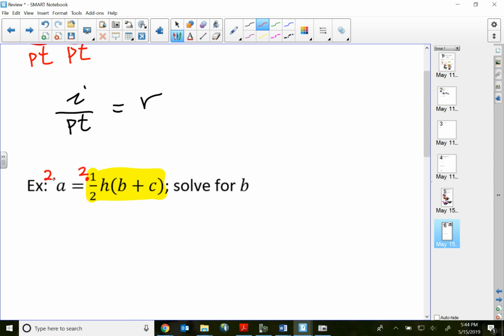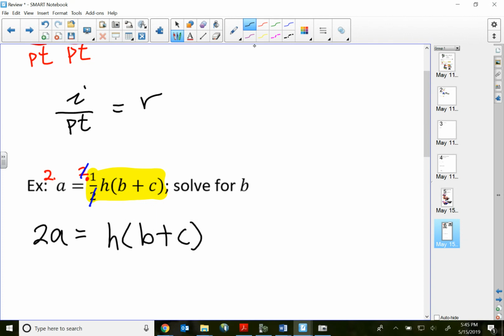Some people will say all I have to do is multiply by the reciprocal. That's also true. The reason I want to do that is so that the top 2 and bottom 2 cancel out. The only factors I have outside the parentheses are just H times (B plus C). The left side is now 2A.